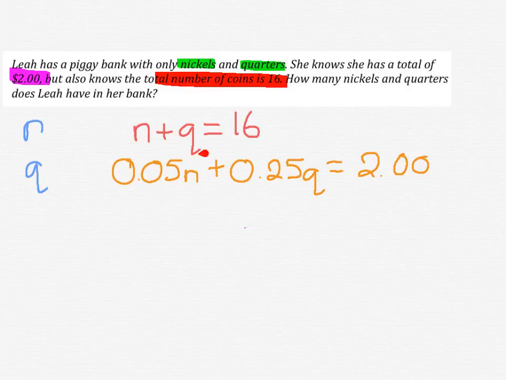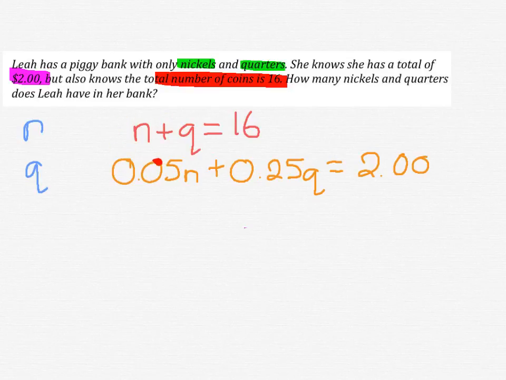I'm going to look at the first equation up here for a second. I think I am going to be able to isolate one of these variables, N or Q. And if I do that, I can find the value of one of these variables. I'm just going to pick N. You could have isolated Q, but I'm going to get N alone.